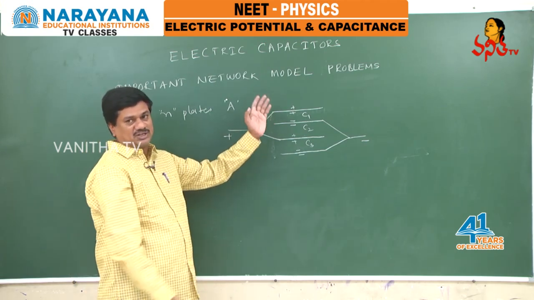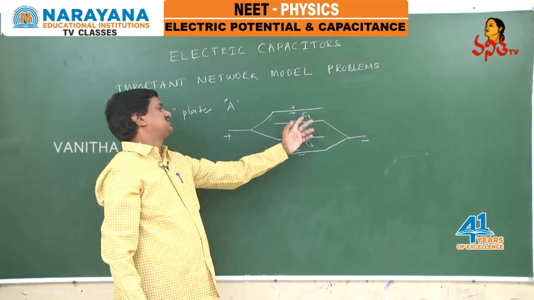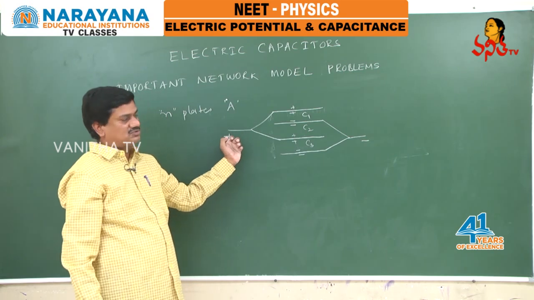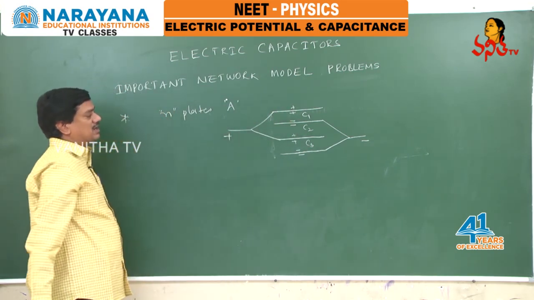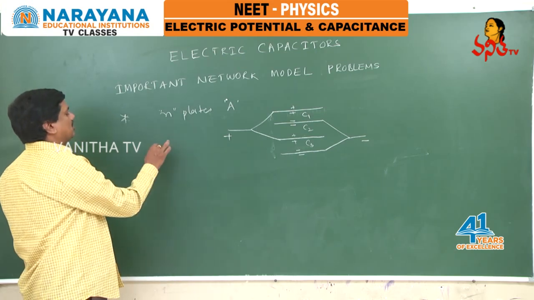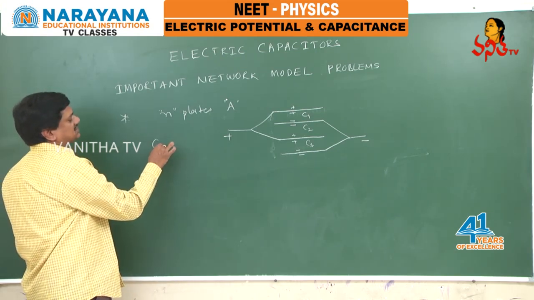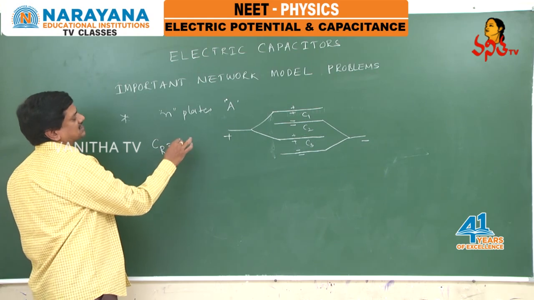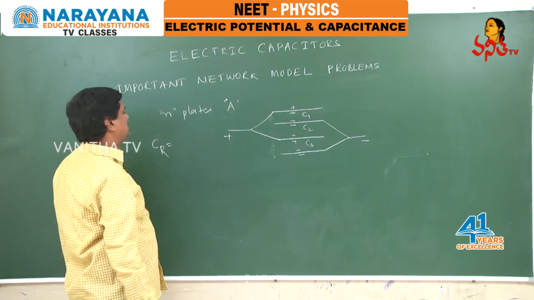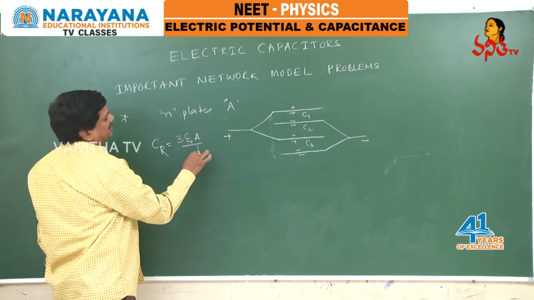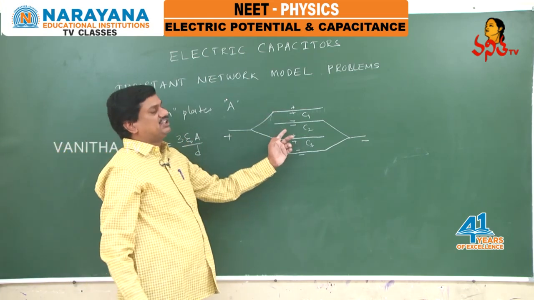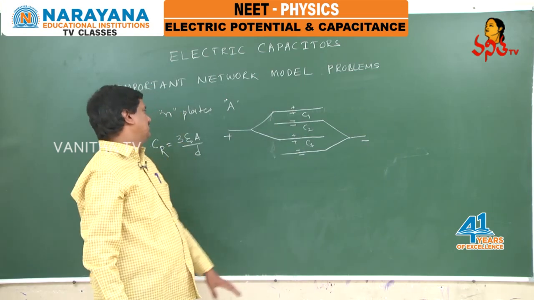The positive terminal of every capacitor C1, C2, C3 is connected to the positive. So what kind of combination is it? It is a parallel combination. Since it is a parallel combination, the resultant capacitance is a parallel combination of these three. If they are identical, it is 3 times epsilon naught A by D, provided the separation is equal and of the same area.